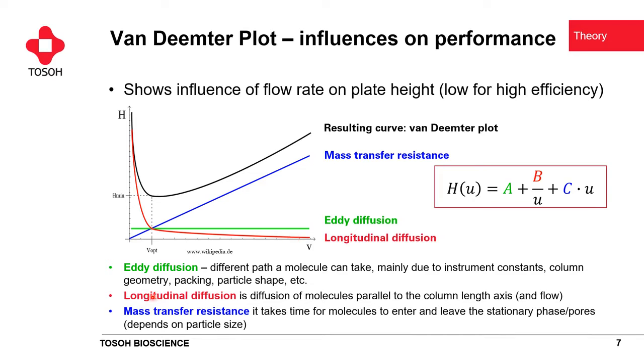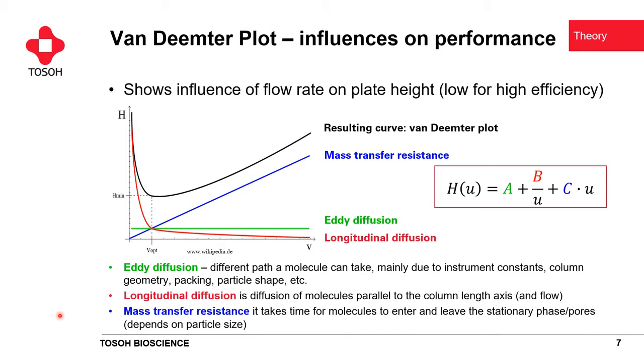Last but not least, mass transfer resistance. This also depends a lot on the velocity or flow rate that we apply, and the mass transfer resistance is the extra time that it takes for a molecule to enter the stationary phase, get out of the stationary phase, and through the stationary phase.